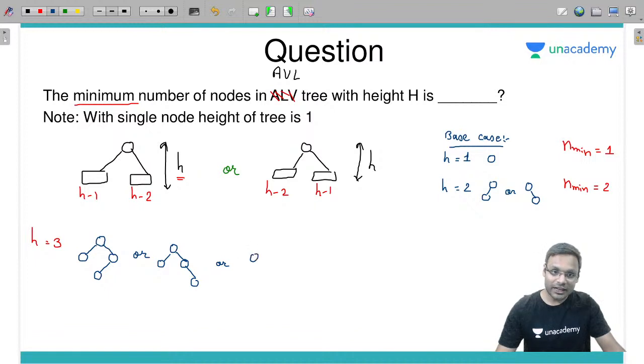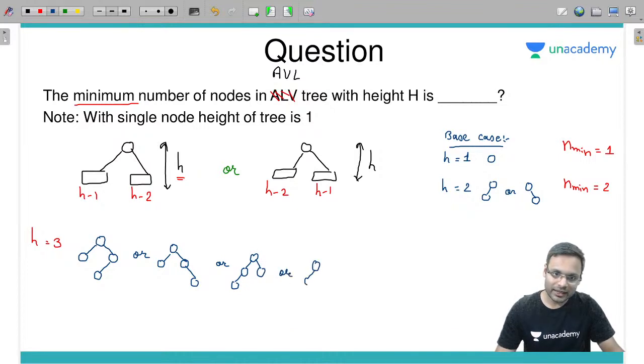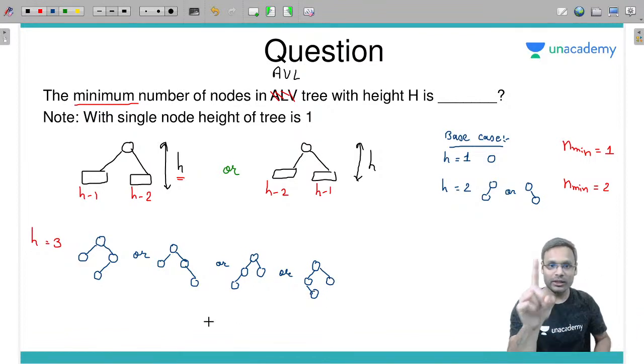Or left side you take height h minus 2 and right side you take height h minus 1. Or in fact, left side you can take this one and this one. All four will be height h equal to 3 with minimum number of nodes.